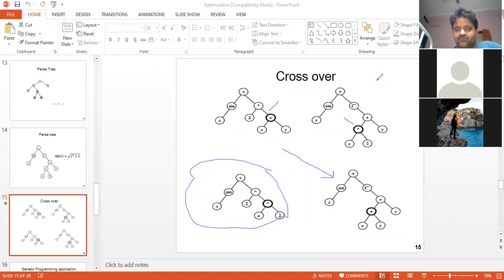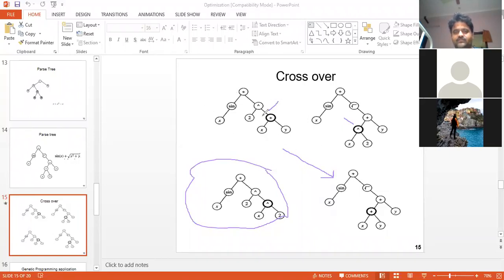I told you. So that's why here you can see this bolded part is a crossover point. So we need to copy the entire thing from one parent to here, and after the crossover point, the next part from the other parent.